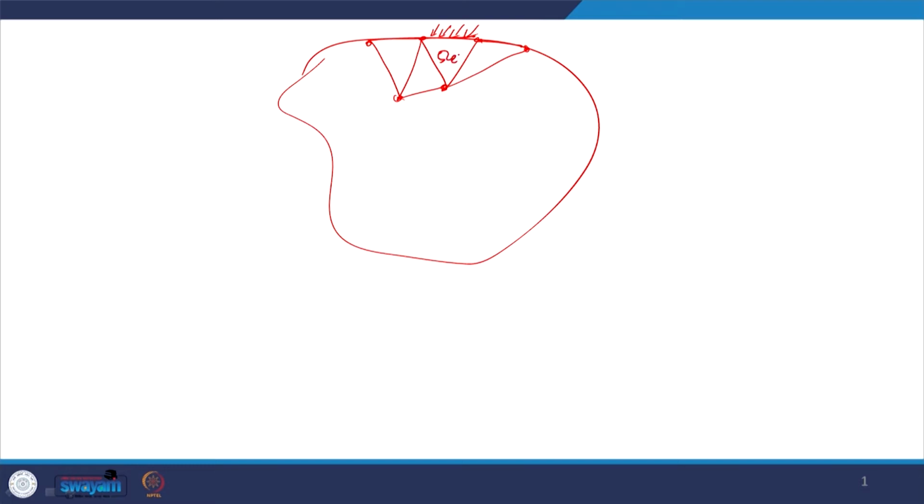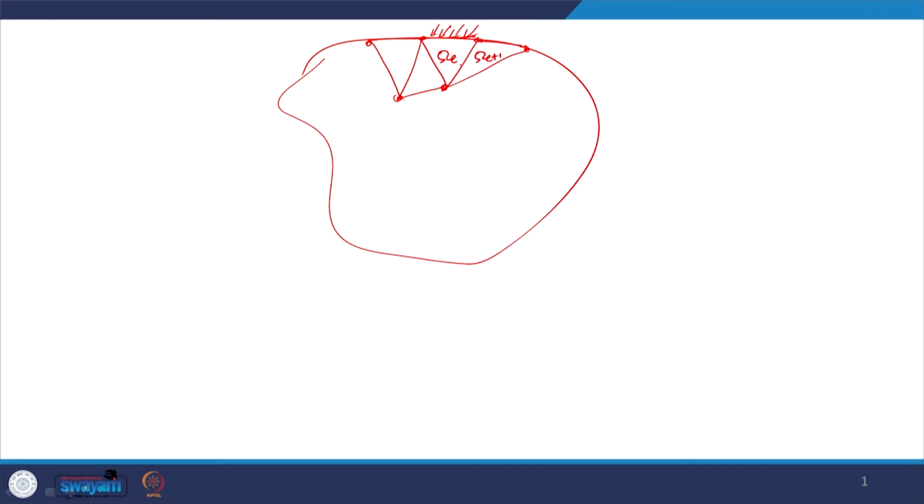So, this is omega e, and let us say this is omega e plus 1. The omega e boundary integral would involve this edge and this edge. The omega e plus 1 boundary integral would involve this edge and this edge.